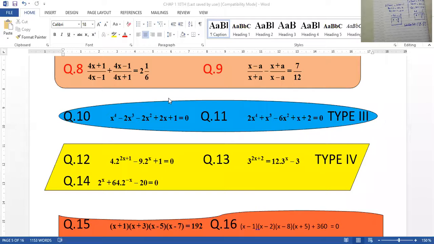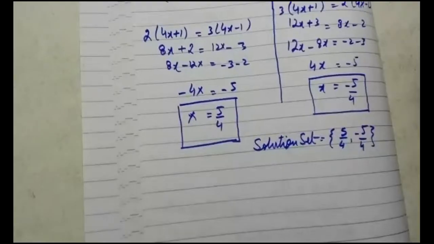I am more interested in solving the questions for you instead of explaining the definition too much, but I will give you the introduction to what is meant by reciprocal equations. It is written on page number 9.